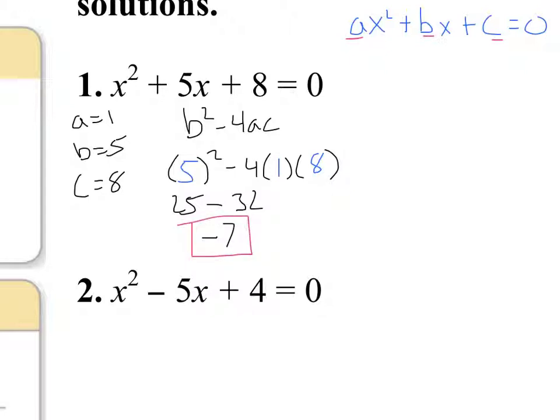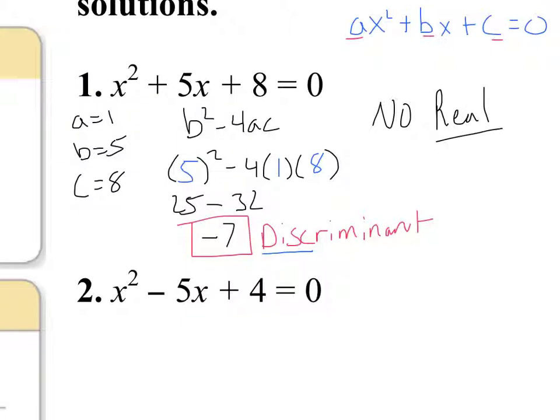That right there is our discriminant. Okay, now if you don't want to write out the word discriminant every time, that's fine. Just abbreviate it as disc. So, since our discriminant is negative, that means we have no real solutions.